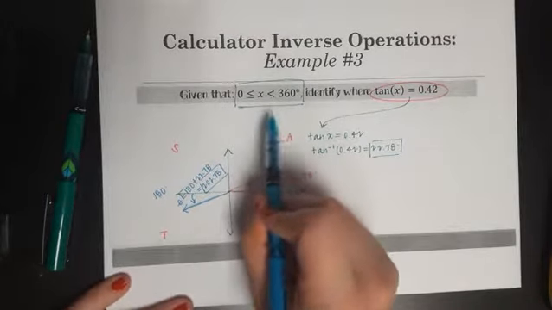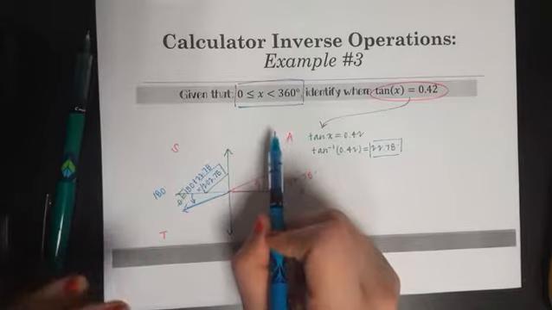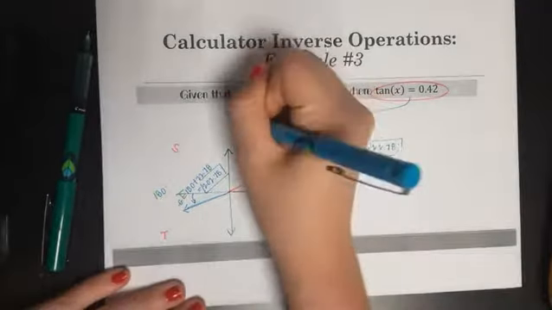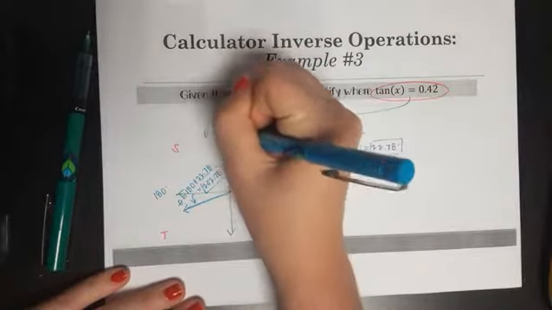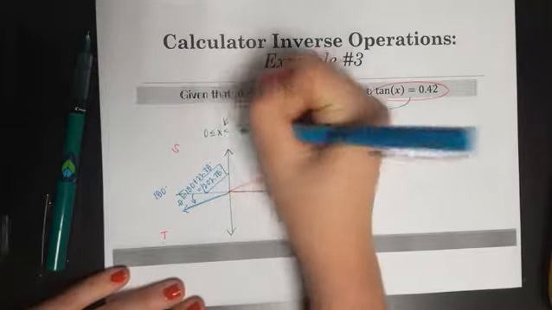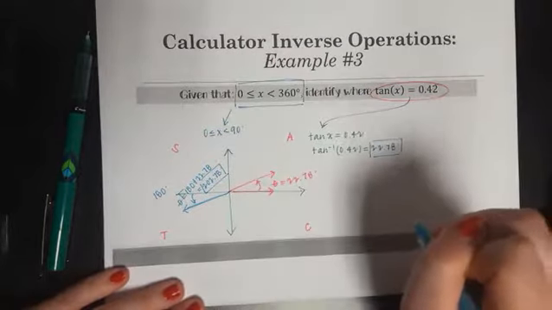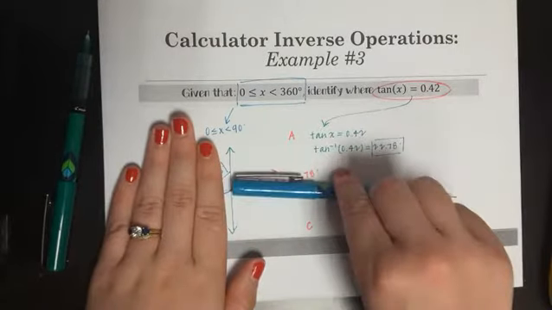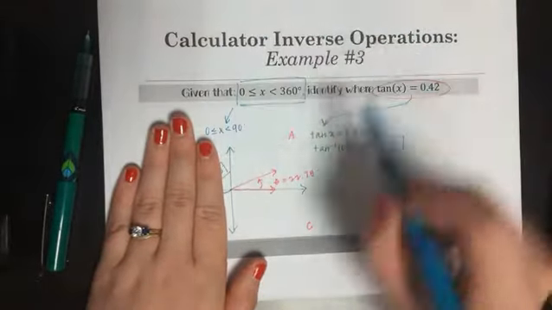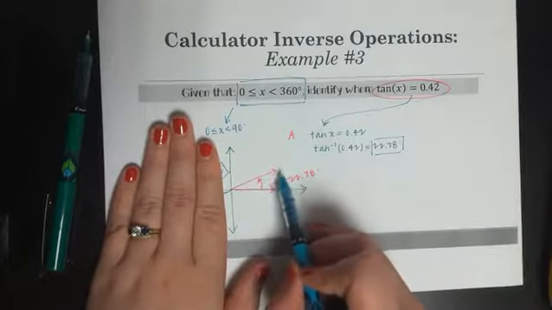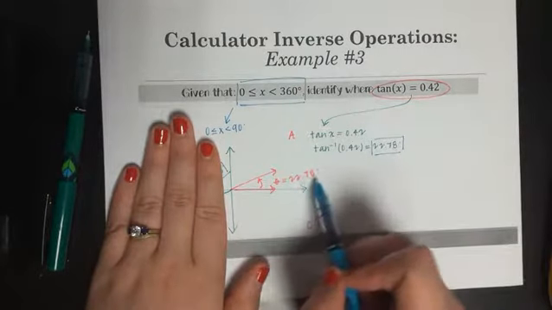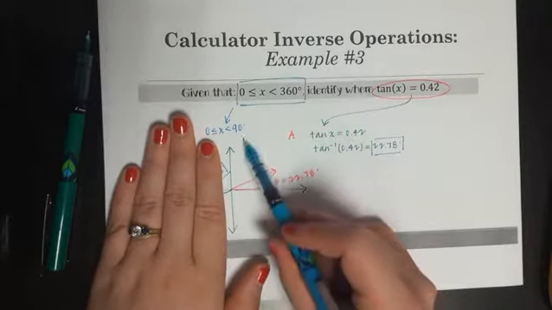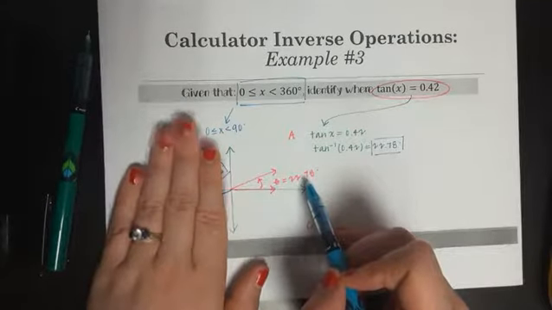I could also be given one of 2 possible restrictions. One of the restrictions could have said that my angle needs to be between 0 and 90, in which case I'm just looking at this quadrant. And if I'm only going from 0 to 90, the only angle that I encounter with that tangent is going to be 22.78. So if I had that restriction, I would just report that angle value.